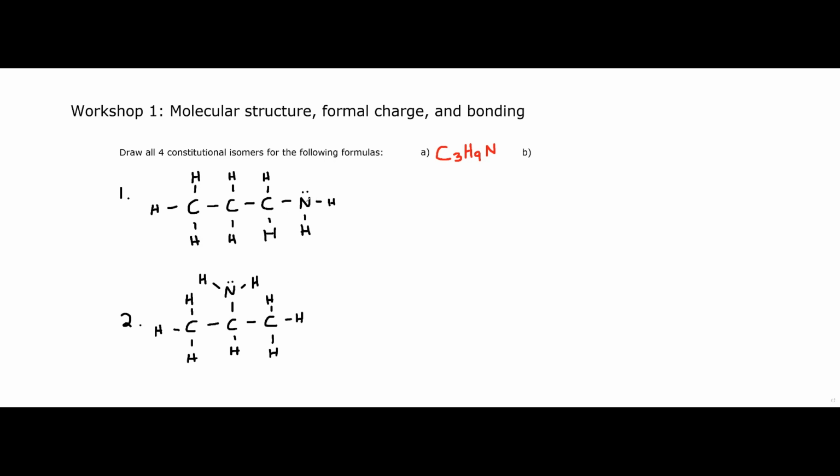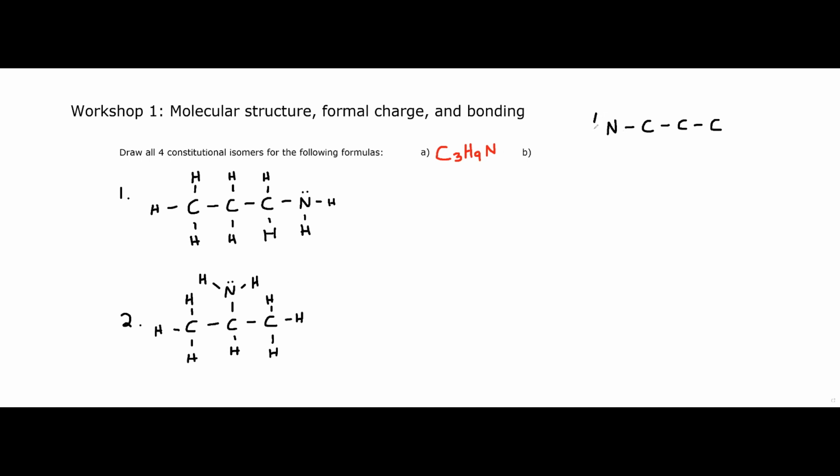Now, could we take the nitrogen and move it to the first carbon in the chain? Could we put it on the left-hand side and draw something like this in the top right here? Let's see. What if I took the nitrogen and drew it here, connected it to the first carbon in the chain, and then filled in with hydrogens?